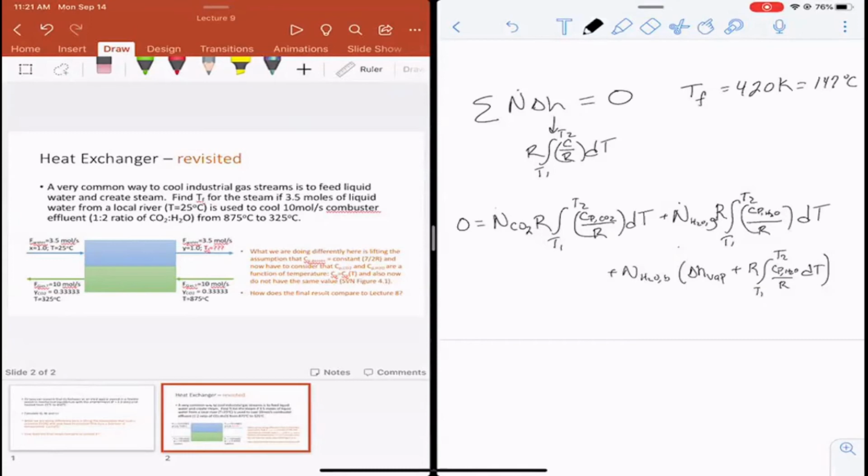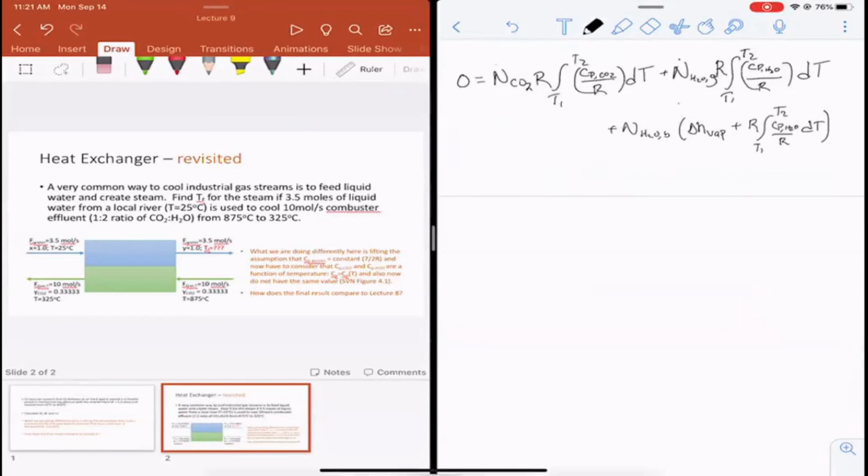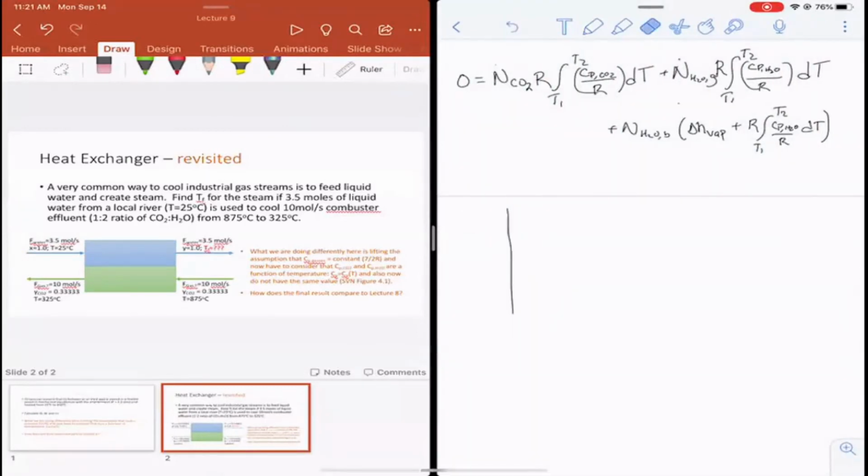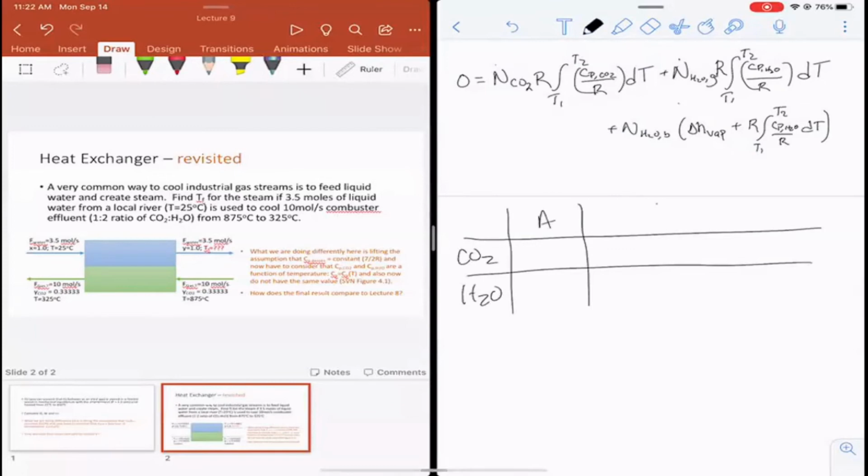Find your constants in the back of the book. Exactly. So that's the next thing that I would do for sure. So we know we have two species, and we're heating gases in both cases. So we have CO2 and we have water, and we have A, B, C, and D. So for CO2, A is just 5.457.